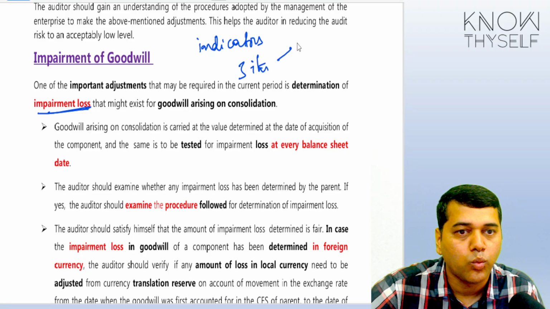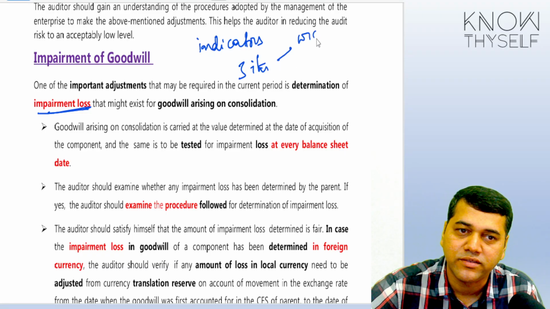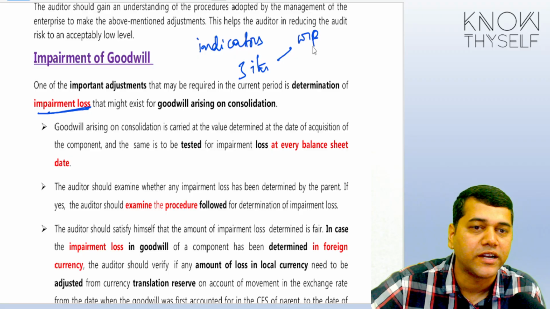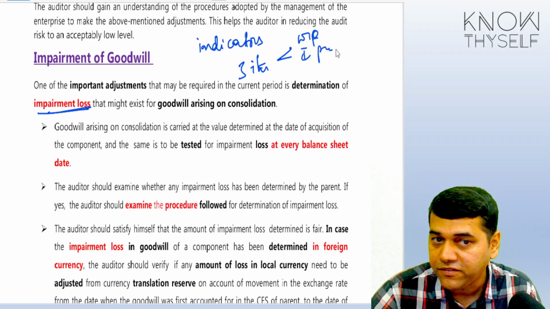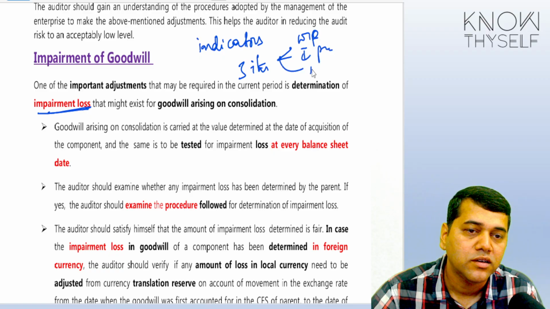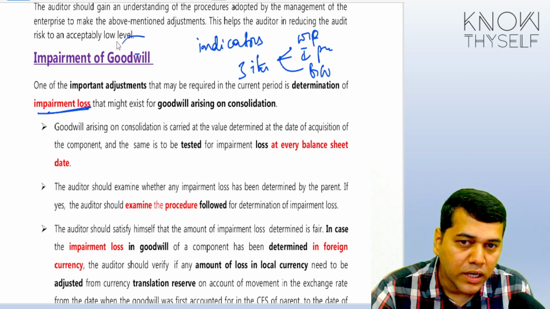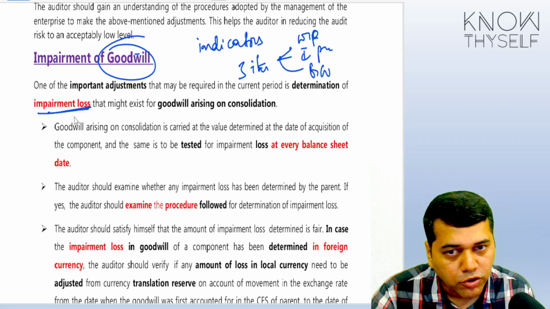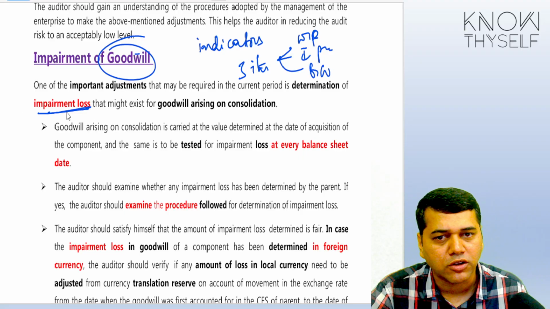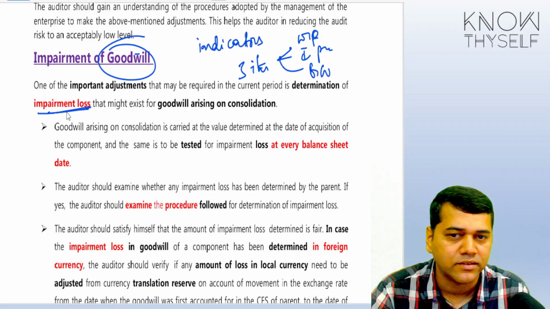What is that? One, work in progress, some intangibles not yet ready for use. Second, intangibles having perpetual life. Third, goodwill. That means goodwill should be tested for impairment every year. So this is the point you are going to tell. So you bring your Ind AS 38 knowledge and tell that Ind AS 38 says this.